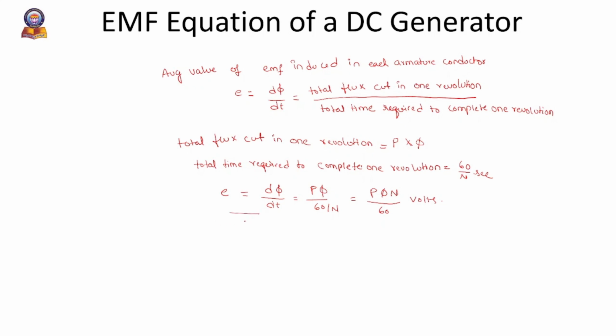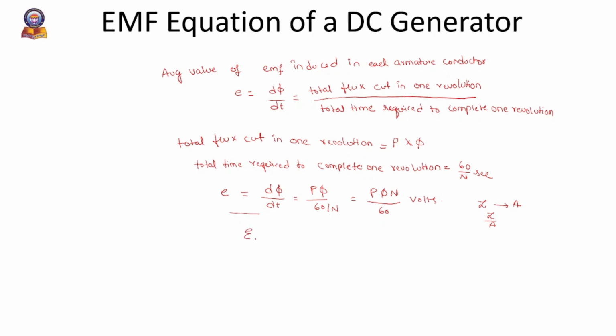Now conductors in one parallel path are always connected in series. There will be a Z number of conductors in A number of parallel paths. So Z by A number of conductors are always in series in one parallel path. Therefore the EMF remains same across all the parallel paths.